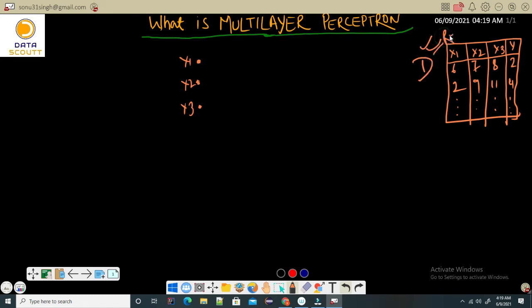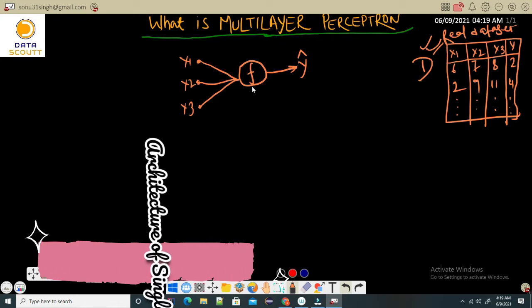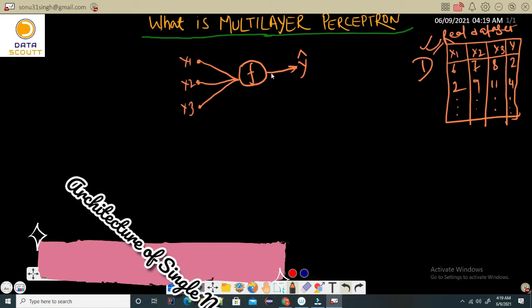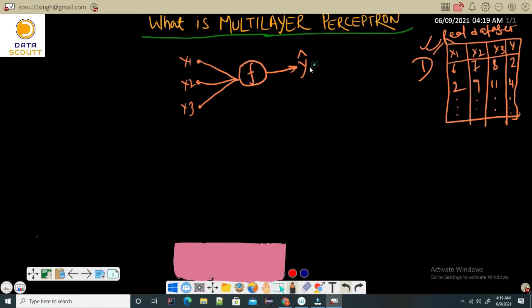If we consider these input features, let's say this converges to a single neuron. We have discussed this architecture in our last video, how the input converged to the activation function and how this activation function gets the output y hat.